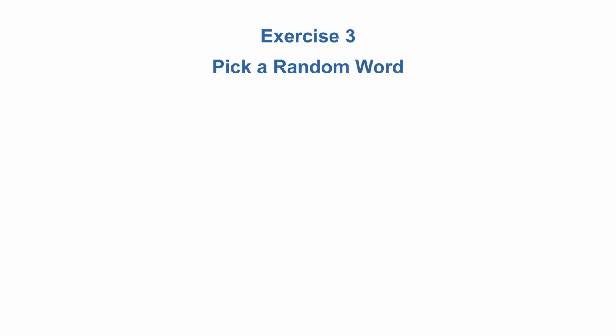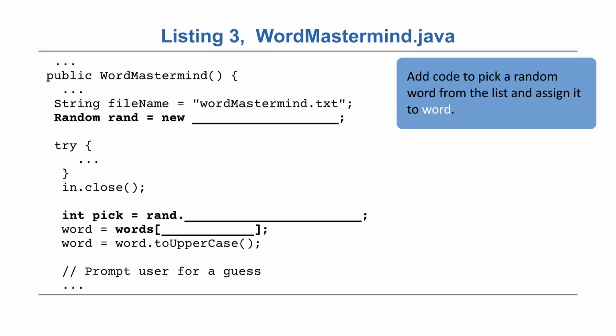You now have a list of 4-letter words in an array named words. Let's add code to choose a random word for the user to guess. Exercise 3. Pick a random word. Add code to pick a random word from the list and assign it to word. Hint, use random's nextInt method to pick a number between 0 and the number of words in words.